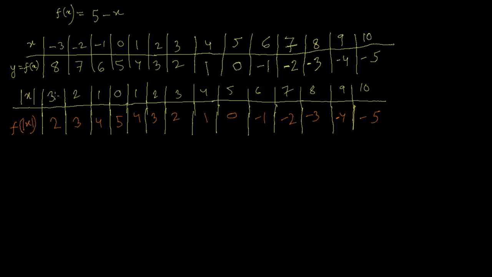So the value of y for 3 is this one, 2, so we put here 2. Previously it was minus 2, and the value of y for minus 2 is 7, because 5 minus minus 2 is 7. But if you do the absolute value of x, that means minus 2 becomes 2. So instead of 7, we put the value of y for 2, which is 3.